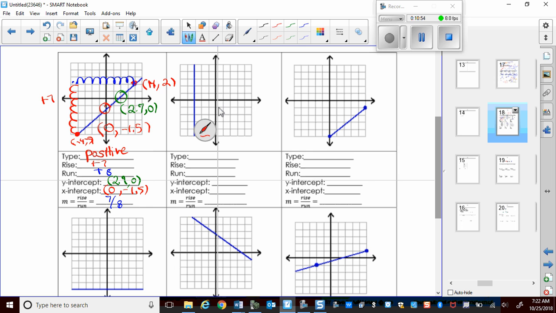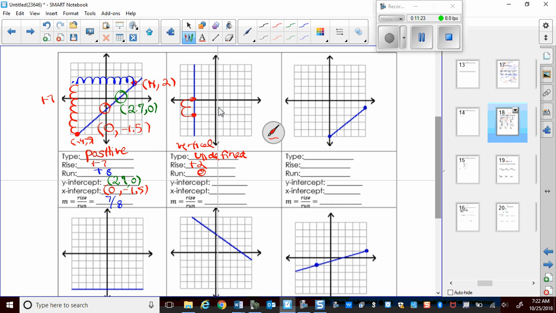So this is classwork. Let's do the next one. The type of slope here, it's a vertical line. So we're going up and down, or this is undefined. The slope is undefined. The rise, if I pick two good points, is positive 2, over my run, which is 0.